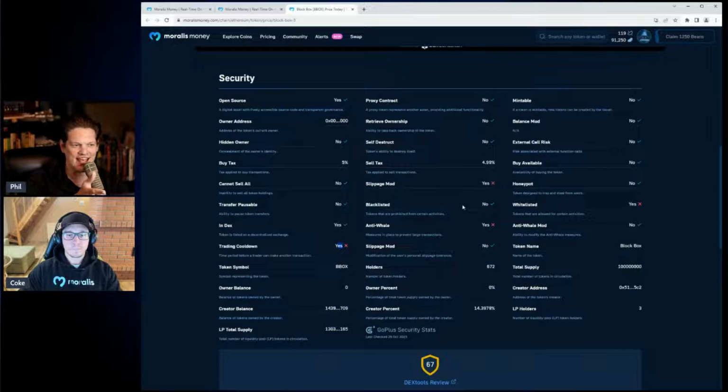I'm also noticing a relatively large buy and sell tax, almost 10% between the two. And I'm also seeing that slippage mod.